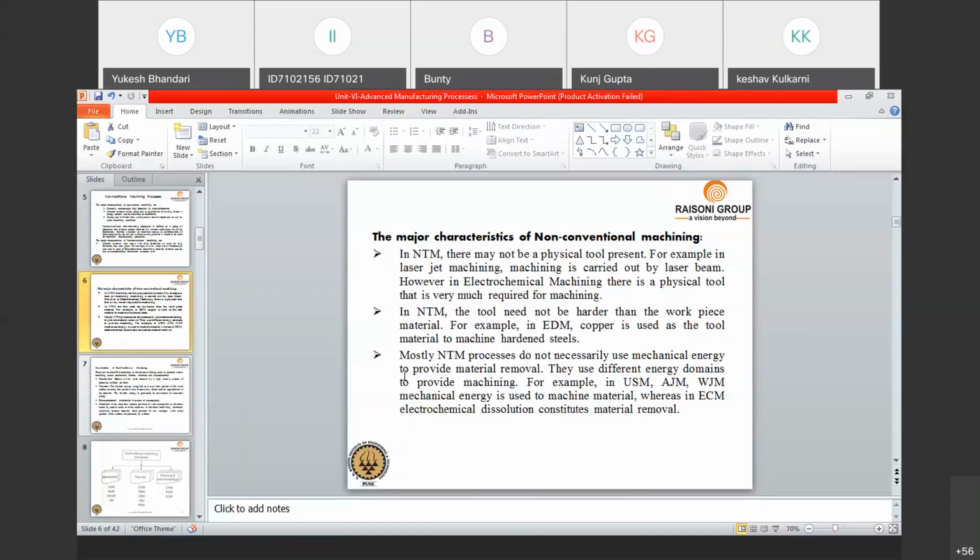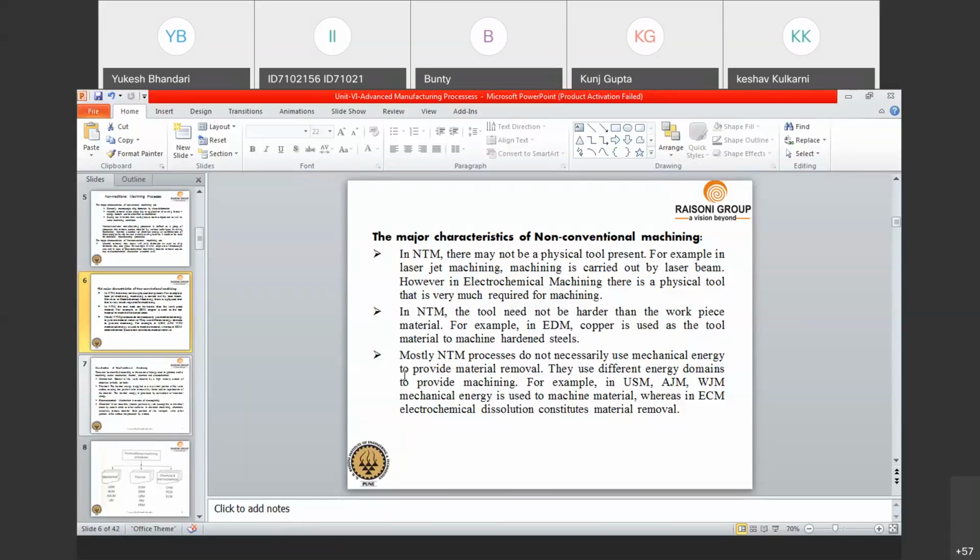Another important characteristic in NTM is that we use different types of energy sources. It may be mechanical, chemical, thermal, electrical, many energy sources from many domains, or many non-conventional energy sources, which is not similar to conventional machining. Like in USM, AJM, WJM, there we use mechanical energy sources.